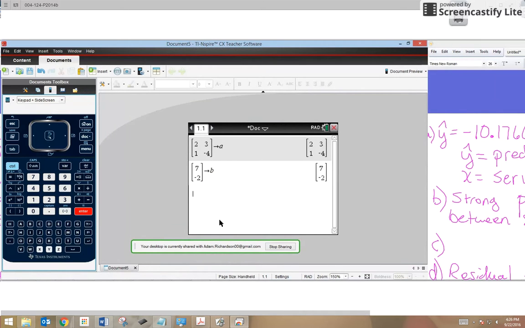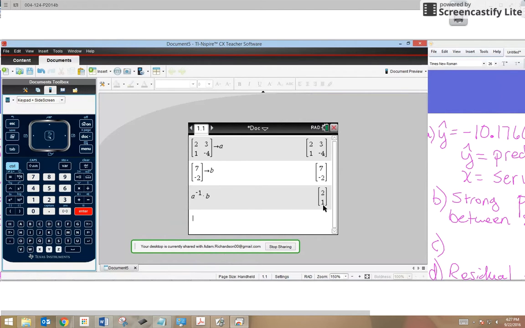All right, from here, what I want to do is multiply the inverse of matrix A by matrix B. What do I mean by inverse? I mean we want to say A raised to the -1 power times B. Okay, so these two numbers that we're going to see here are going to be the solutions for X and Y for this system.